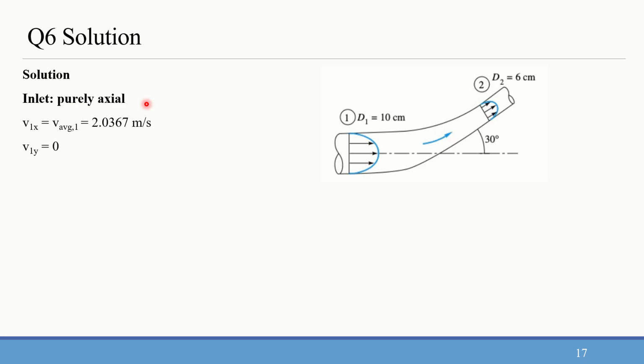The V1y component of the velocity at the inlet is 0 because flow is happening in this direction. So only the x component has velocity.